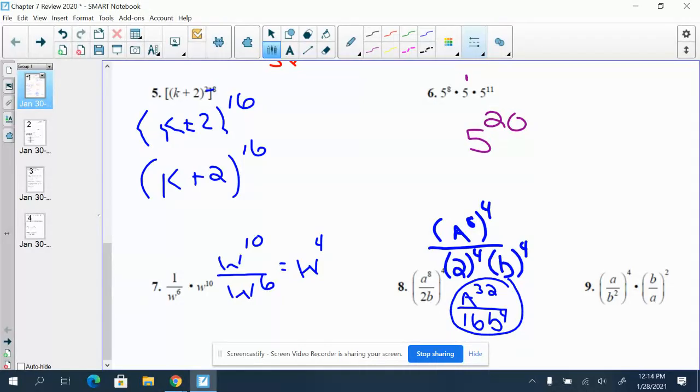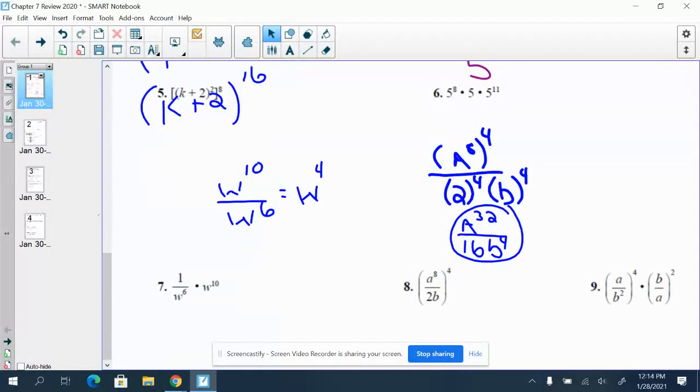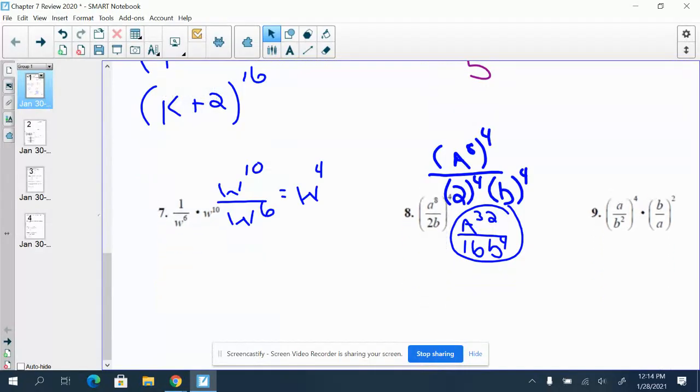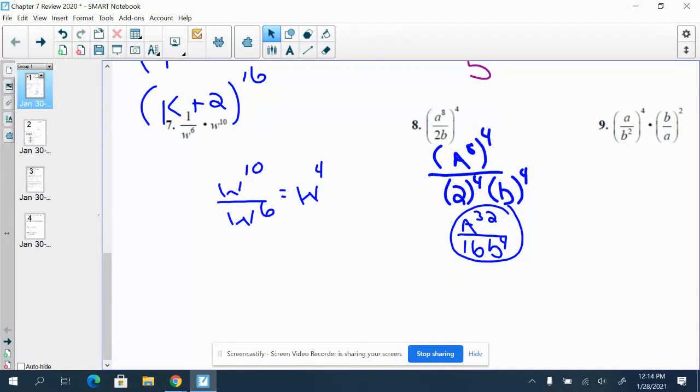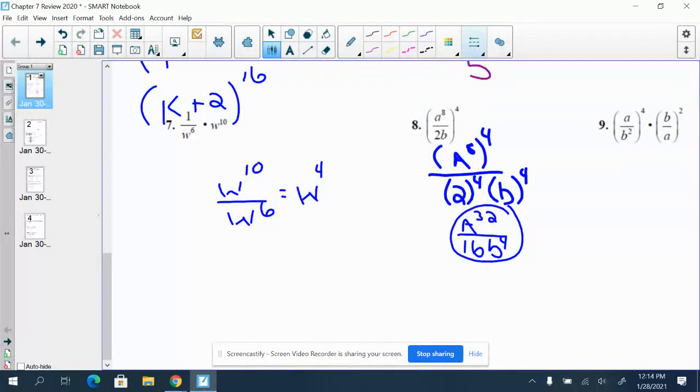Number 9. This one, you're just going to take a to the 4th, b squared to the 4th power, b squared over a squared.